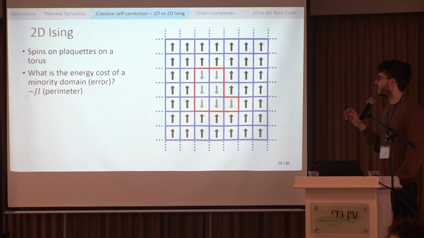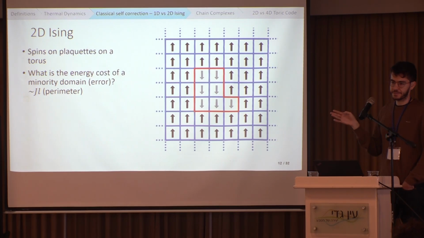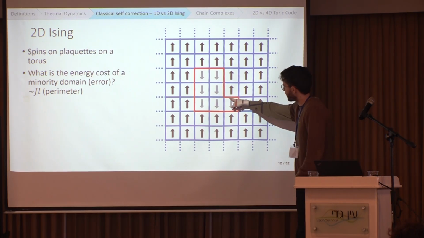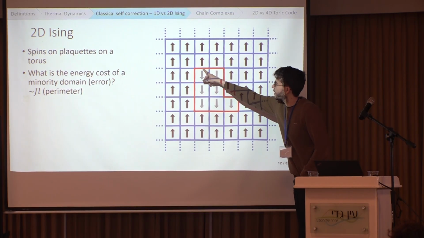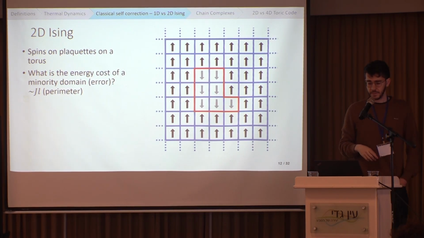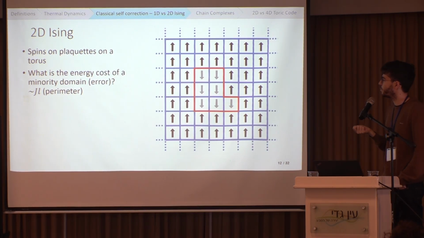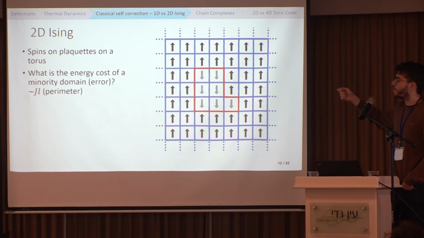And we see that the cost is very different here because we pay for the perimeter. Each of these red edges is a cost we need to pay because the neighboring spins are not aligned. And if we expand this arrow, we need to pay more according to the perimeter of this arrow.